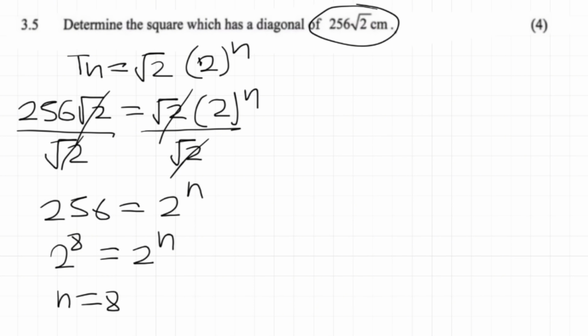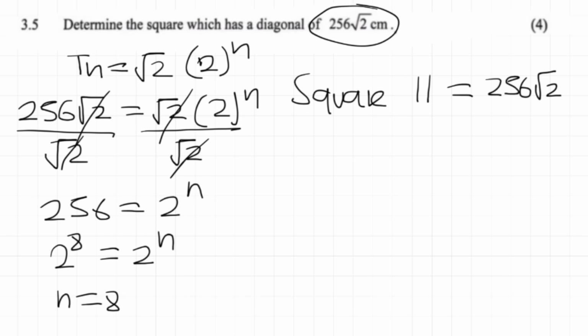So which letter is equal to 8? Let me just count. A, B, C, D, E, F, G, H. Okay, A, B, C, D, E, F, G, H. So square H has a diagonal of 256 root 2.